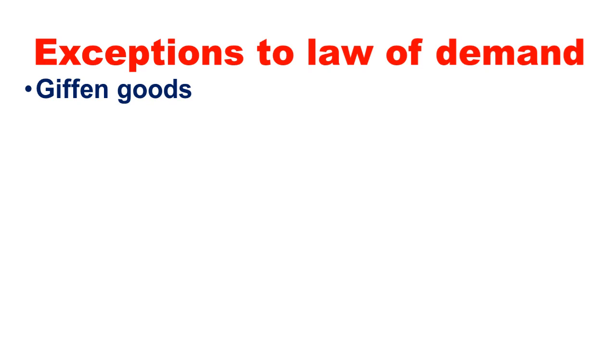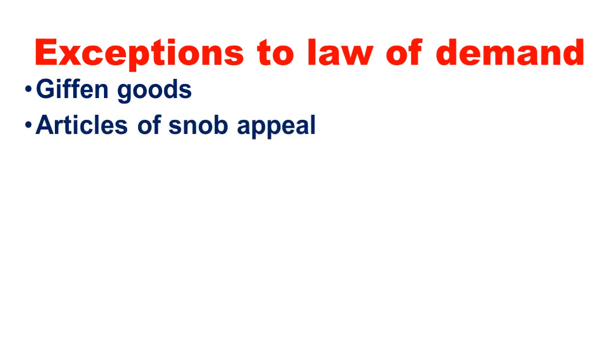You can also imagine, dear students, necessary goods in our life. Whatever may be the price, even at a higher price we need to continue to purchase it. So those are certain goods. Articles of snob appeal: certain goods are there where the highest price increases the prestige in society.